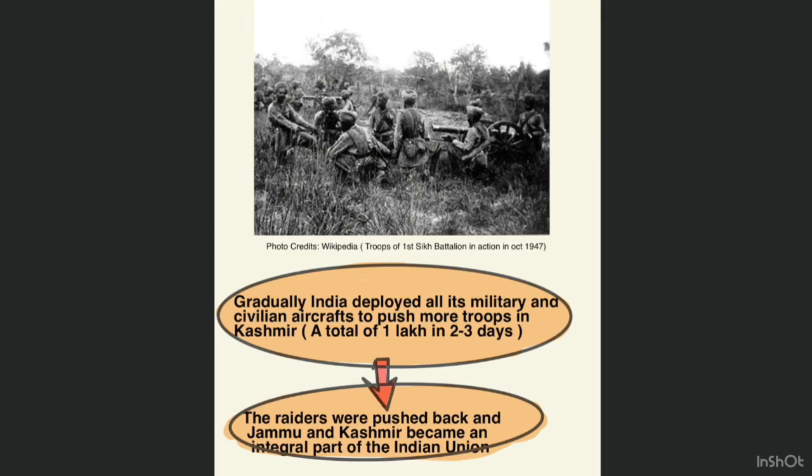So eventually, as we heard later, ceasefire was signed. It went to the United Nations and talk of the plebiscite. So eventually, this is how the then princely state of Jammu and Kashmir became a part of the Indian Union.